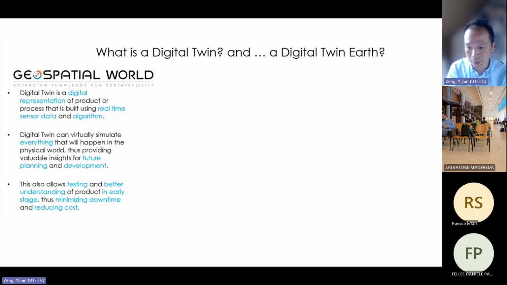So the digital replica of the product and the process needs to be established using real-time sensor data and an algorithm. And then when you have this digital twin, you can virtually simulate basically everything that will happen in the physical world. Wow, maybe everything is a little bit exaggerated, but the idea is really to simulate everything.